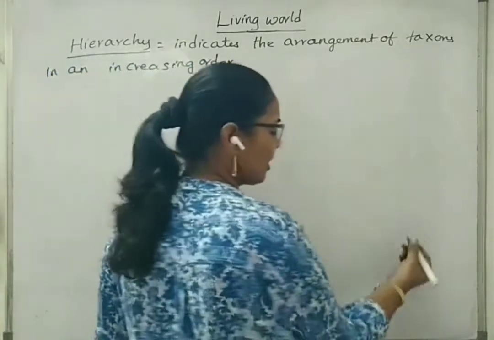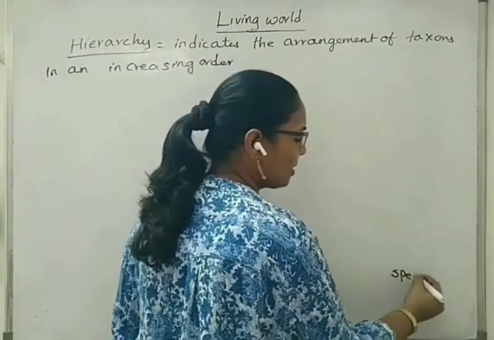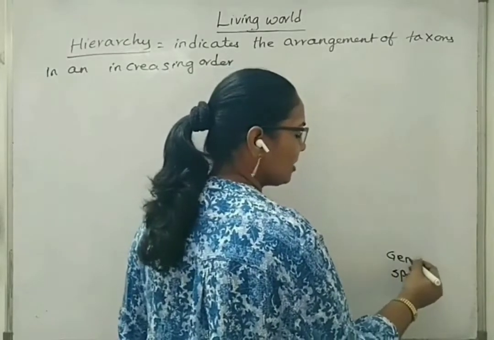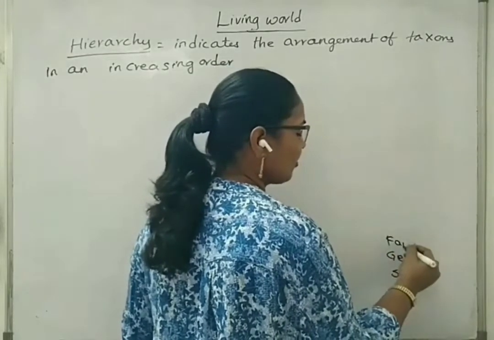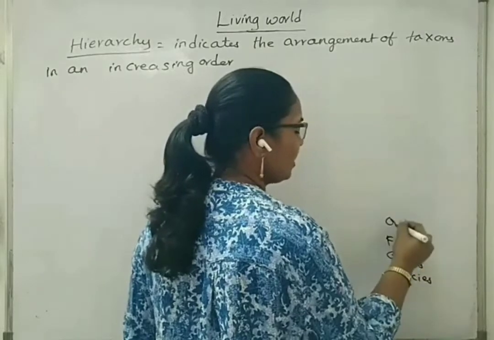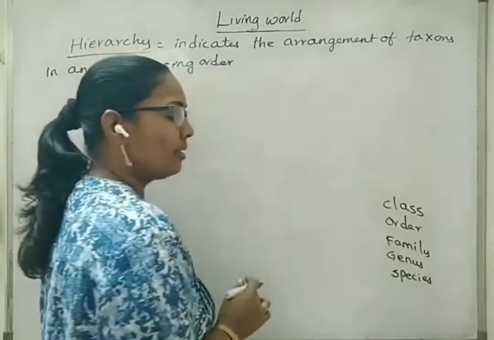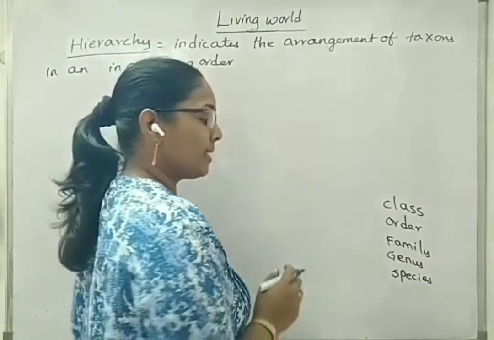So let's write what is that increasing order. The lowest level is considered as species. Next upper is genus. Next is family. Next is order. Next is class. Up to here, the taxons are same for both plants and animals.